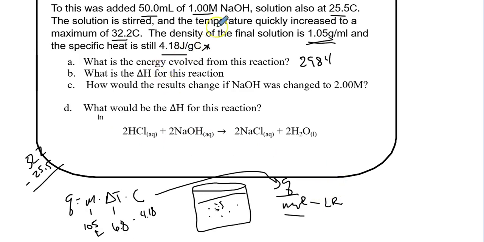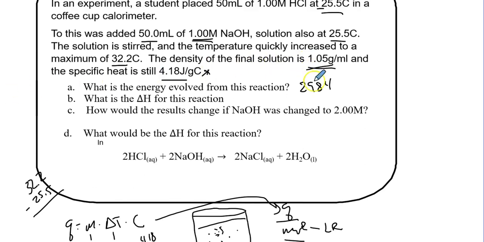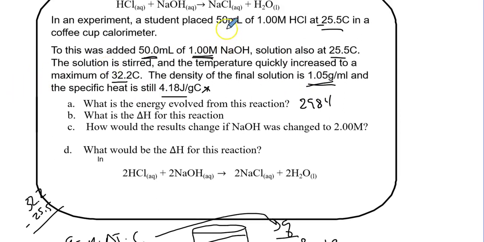So in this case, we have 50 milliliters of 1 molar added to 50 milliliters of 1 molar. So the same concentrations, the same volume means equal moles. All right, so let's solve out the moles here quickly.